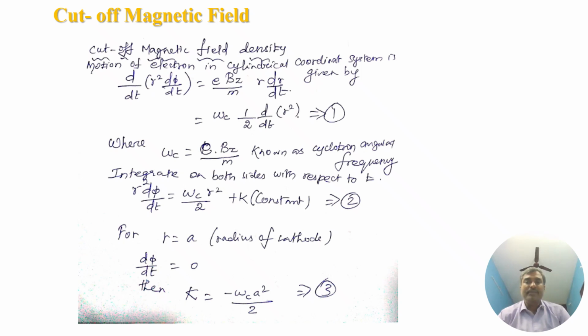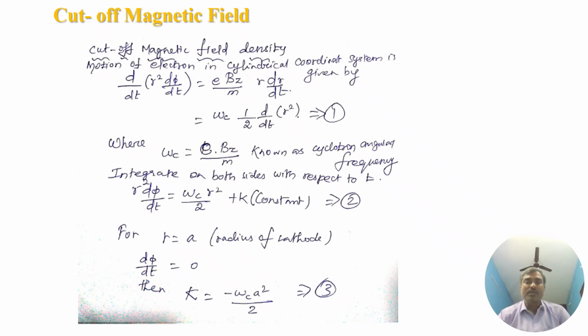By integrating equation 1 with respect to t, we get equation 2, which is r² dφ/dt = ωc r²/2 + k, where k is a constant. When r equals a, the electron is just at the outer surface of the cathode, which means there is no motion of the electron. So when r equals a, we put dφ/dt equal to 0.